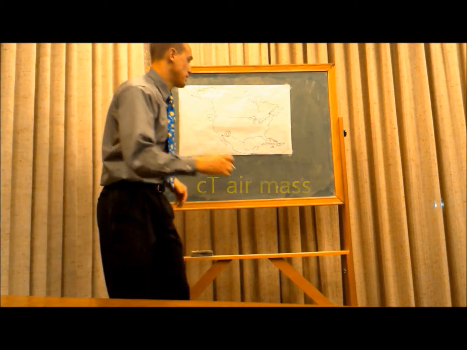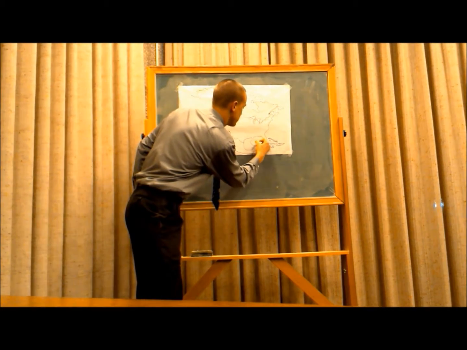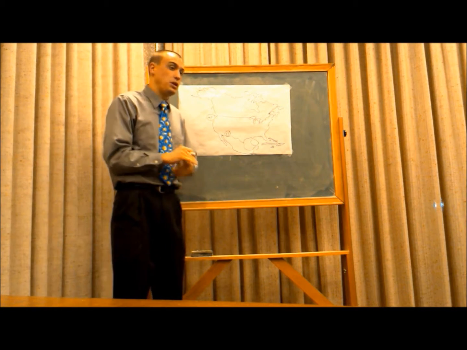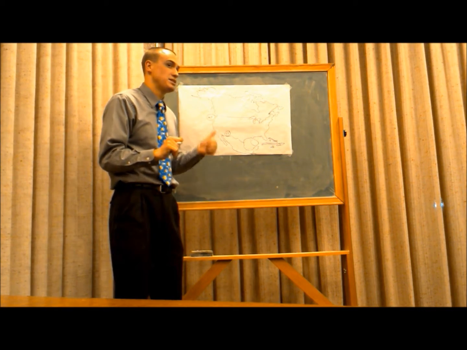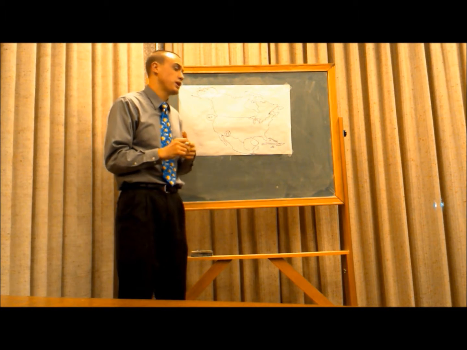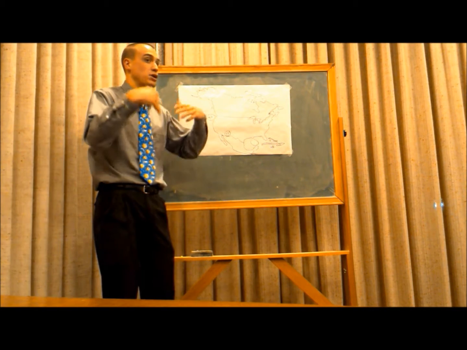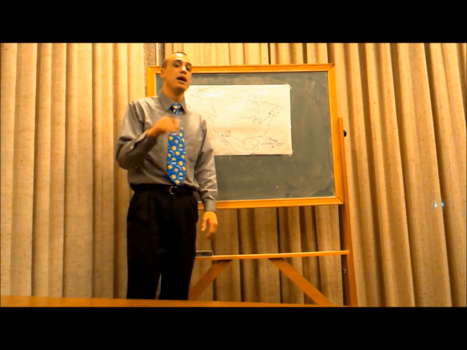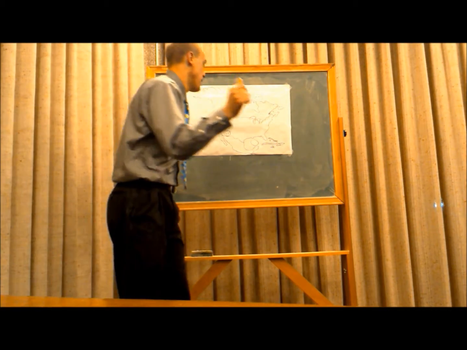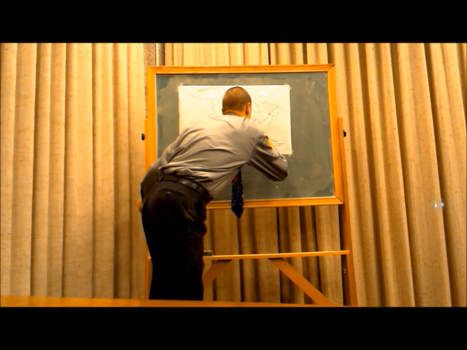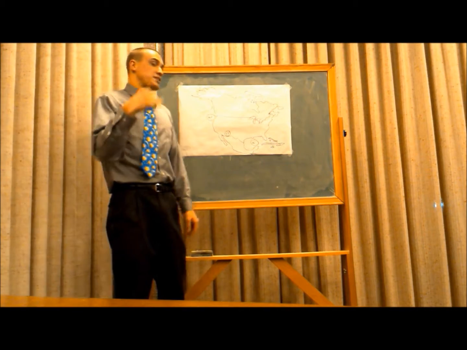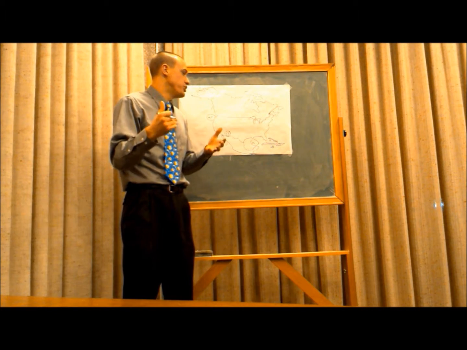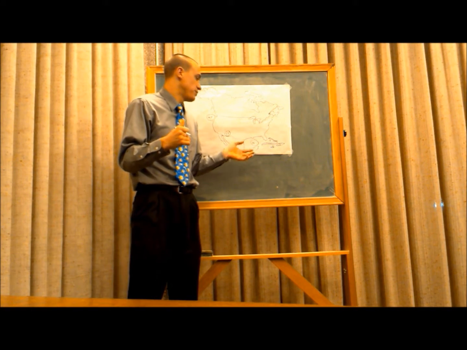The next air mass occurs in the Gulf of Mexico here. All right, so once again, the first question we need to ask ourselves is: is this a high or low moisture content air mass? And it occurs in the Gulf, so it is a high moisture content air mass. So we give that a lowercase n for our first letter. The second thing we need to ask ourselves is what location or what region does the air mass occur in?